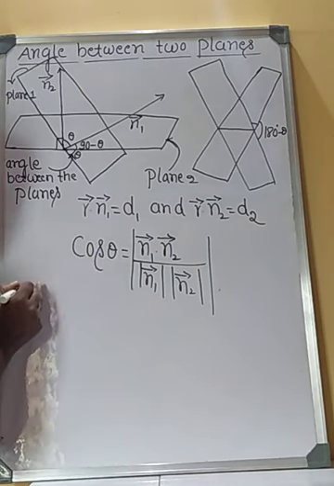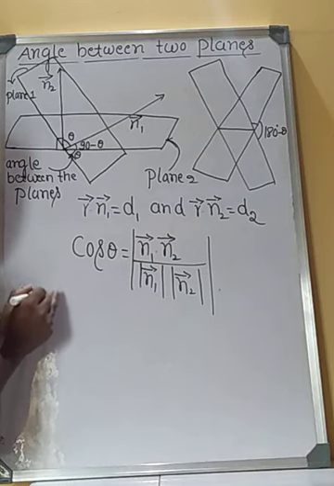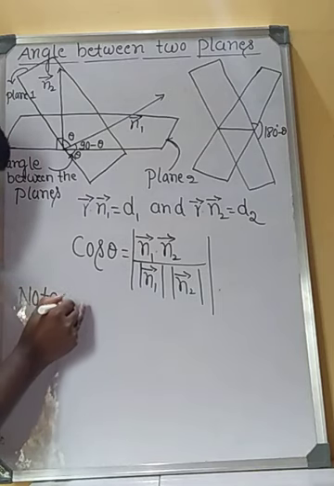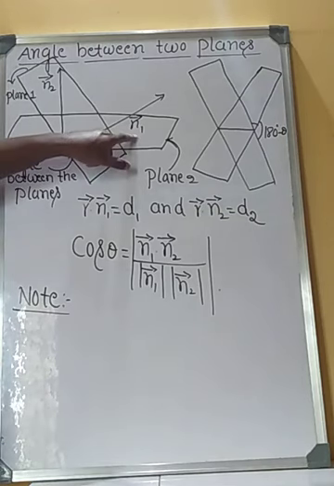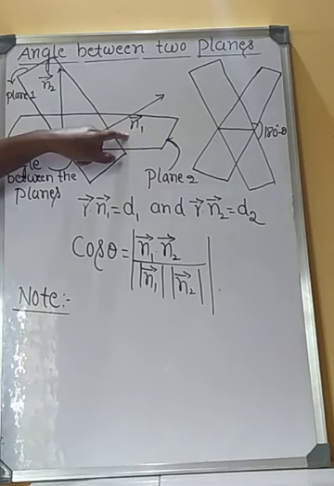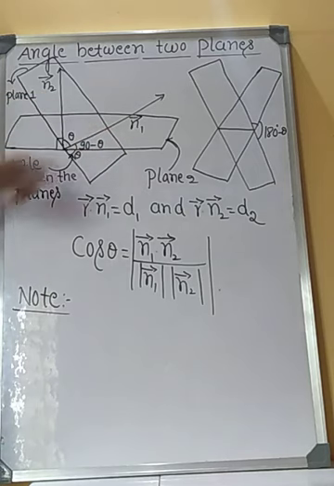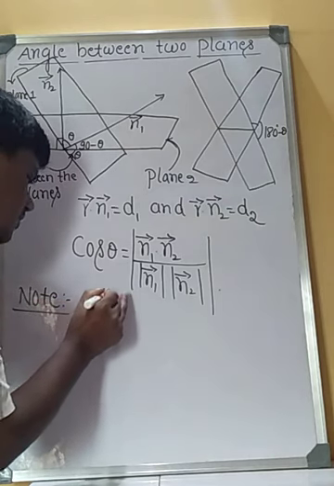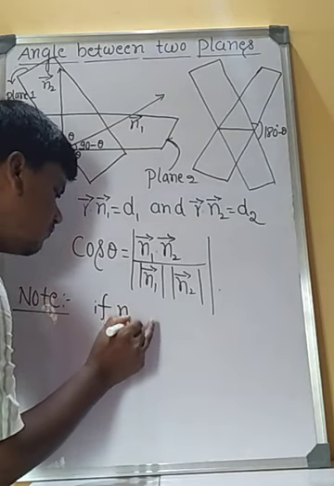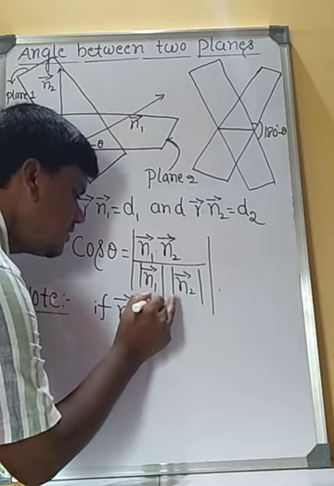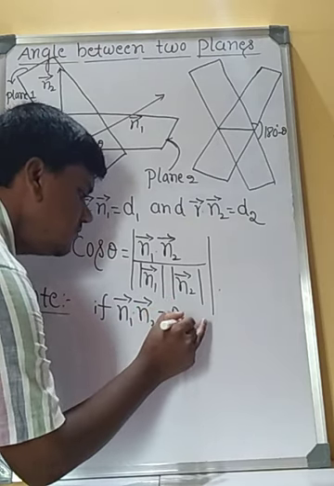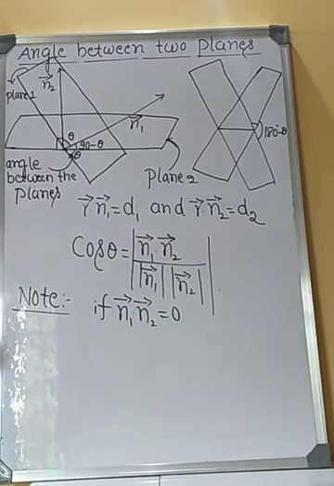Here note the planes are perpendicular to each other. These planes are perpendicular to each other if n1 vector dot n2 vector is equal to 0.